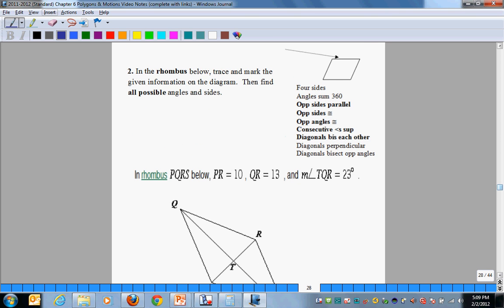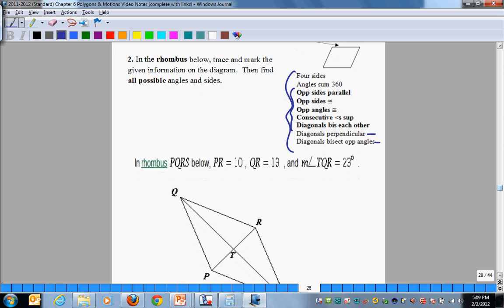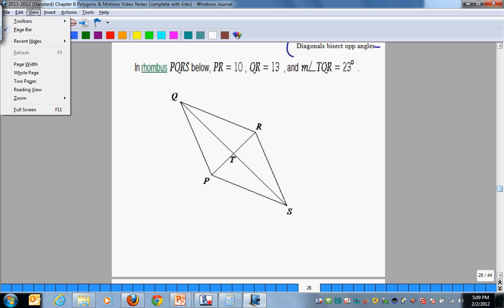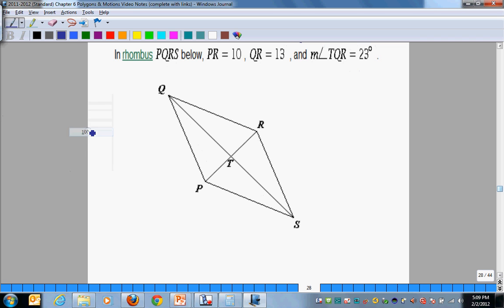So now we have a rhombus, and in a rhombus, we have all of these qualities to work with. So we have the parallelogram qualities, plus the fact that the diagonals are perpendicular and the diagonals bisect opposite sides. Let's see what we can do here. We are told that PR is 10. So P all the way to R is 10.